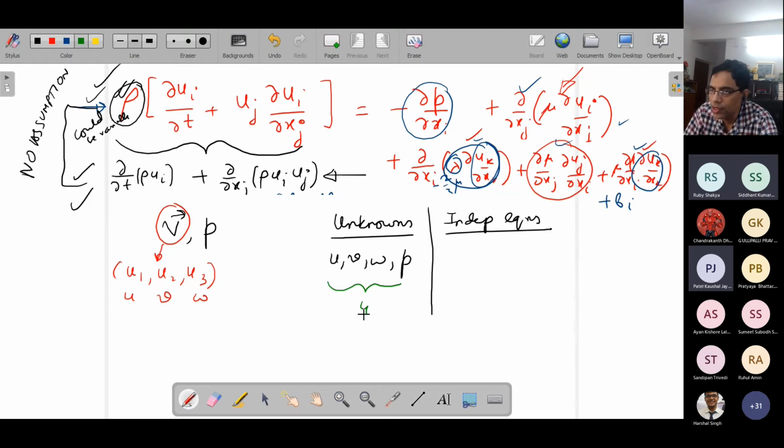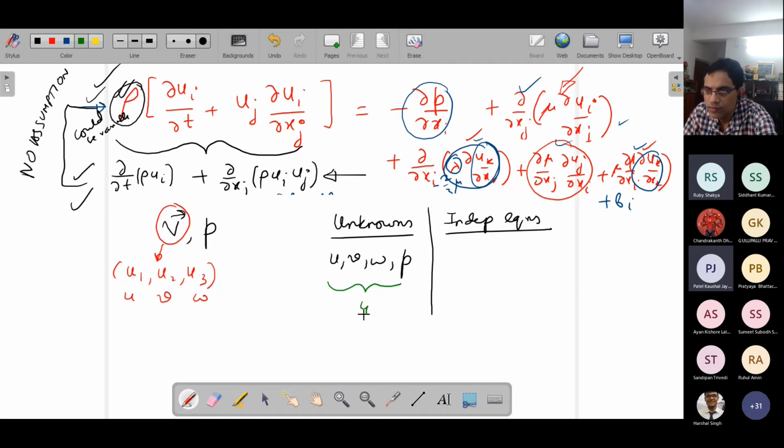Before coming into independent equations, I will tell you that one of the unknowns we have missed. Can you tell what it is? Yes? Any one of you? One of the unknowns we have missed.